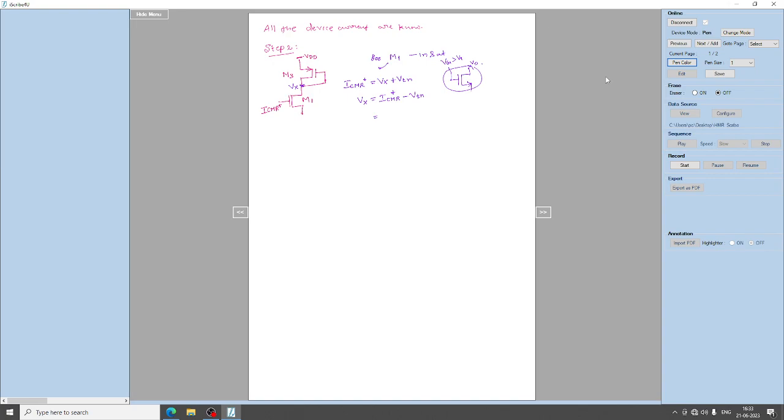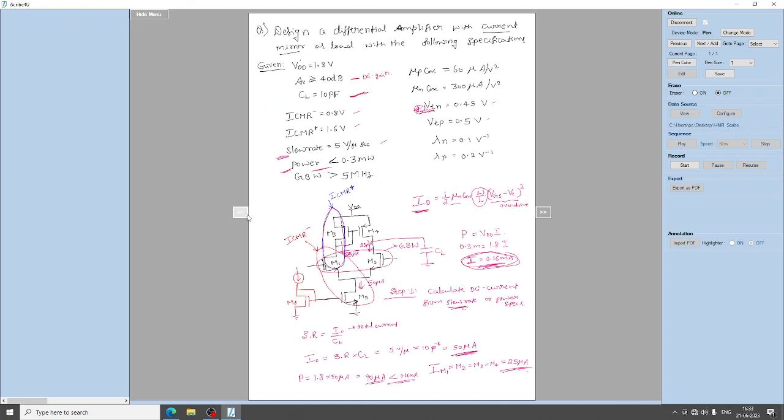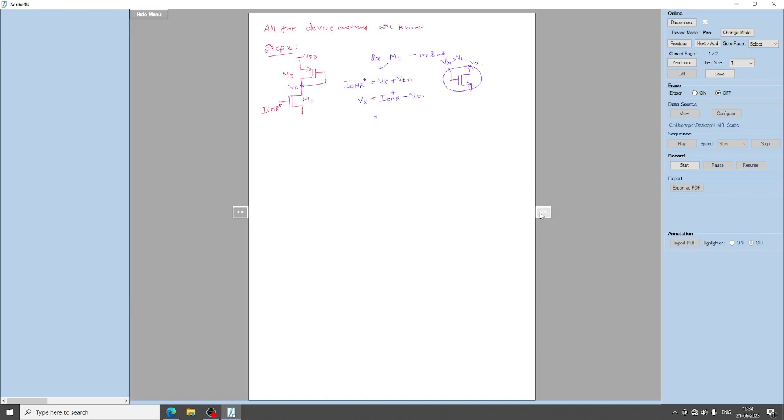Okay, so here in the previous step, you see the value of ICMR plus is how much? ICMR plus is 1.6 volt and VTN is 0.45. Considering this, this is your Vx, the drain voltage.